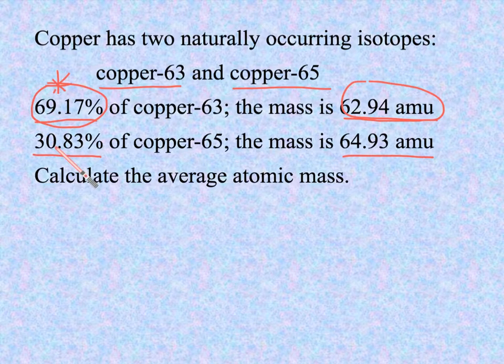So move the decimal 2 places to the left, and then you're going to multiply it with its corresponding mass. You do that for each isotope, and then you're going to add them up together, okay? So multiply the percentage with the mass for each isotope, and then add up all of the isotopes together. Find some empty space on your notes and try to do the math all by yourself first.